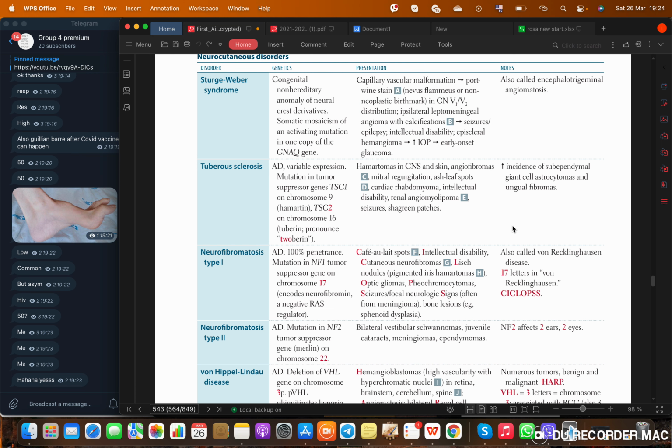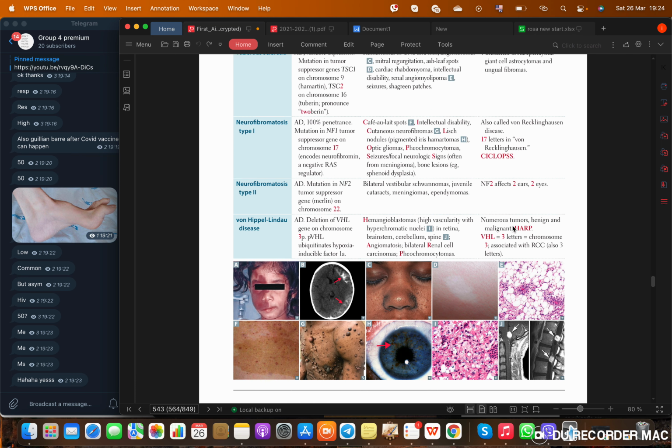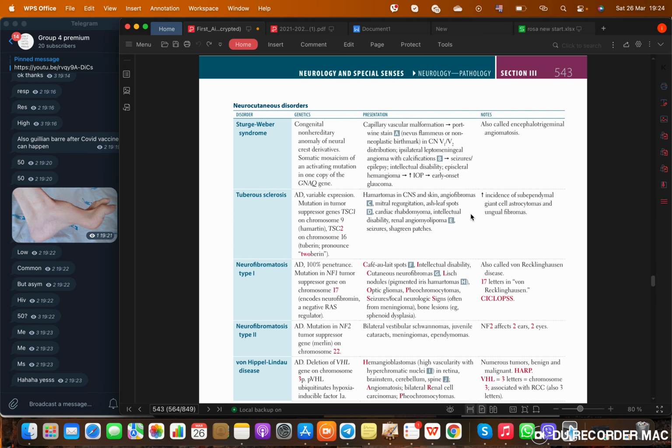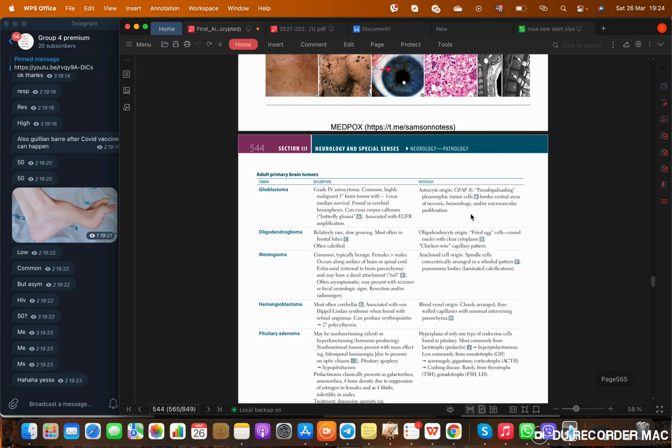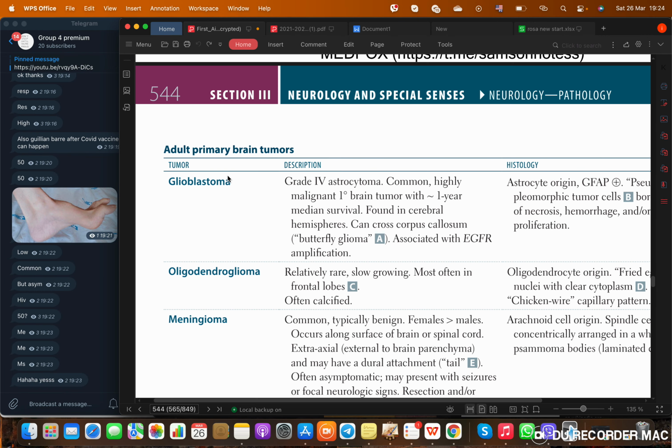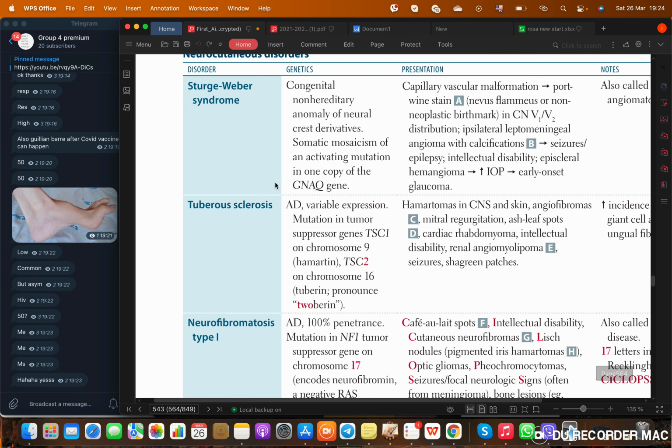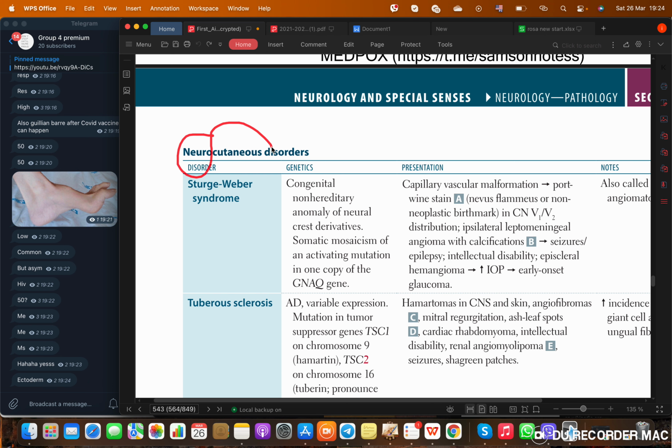The next disease is known as neurocutaneous disorder. When we speak about these, first of all, they have a lot of memorization. But before memorization, I would like to understand why there is neurological stuff and cutaneous stuff. Somebody just wrote ectoderm. He's right, but what does he mean? Basically, you remember we have the ectoderm, the mesoderm, and the endoderm.